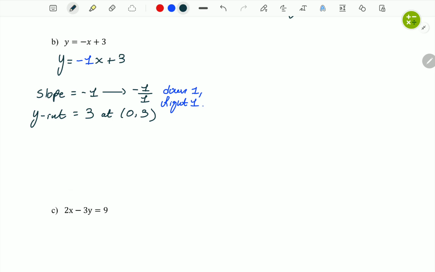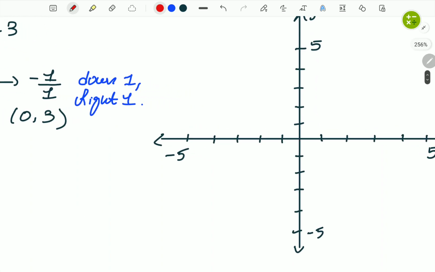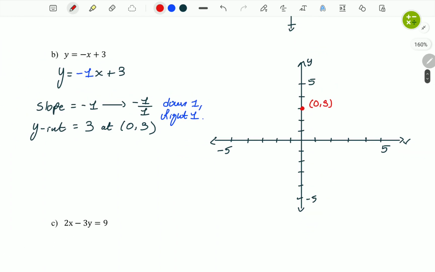We can now sketch this line. Let's plot the y-intercept on the graph first, which is 0, 3. The slope of the line is negative 1.